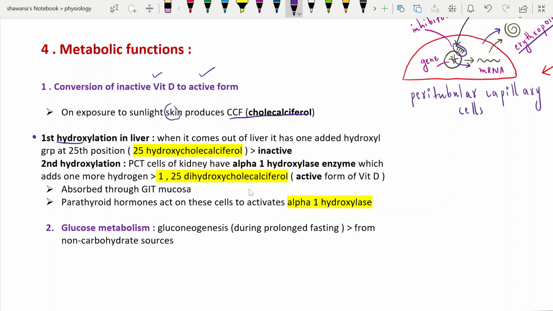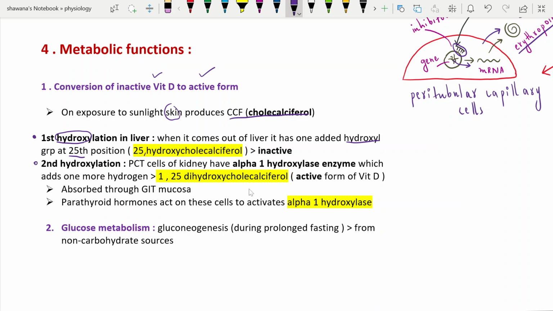Hydroxylation means addition of a hydroxyl group, and it is added at the 25th position of cholecalciferol, so it becomes 25 hydroxycholecalciferol, but it is still inactive.